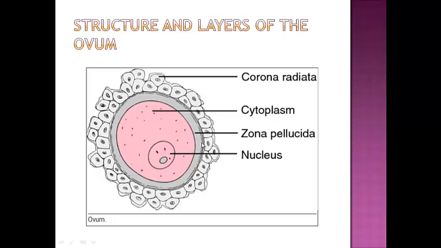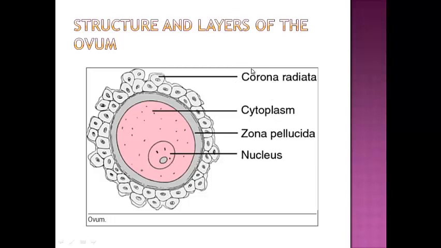Now notice that it has a little bit of a thick outer lining just outside the cytoplasm. This layer is called the zona pellucida. And then there's another layer of cells, which are the leftover cells from the granulosa cell layer. This outer layer, once it's released at ovulation, becomes called the corona radiata.